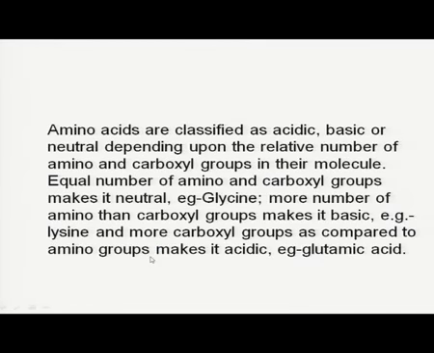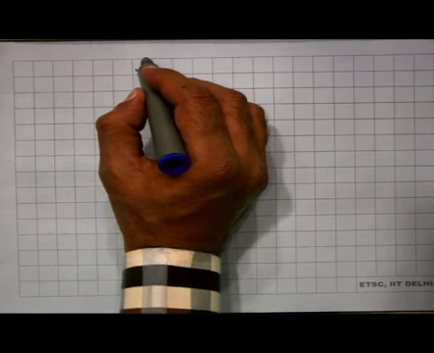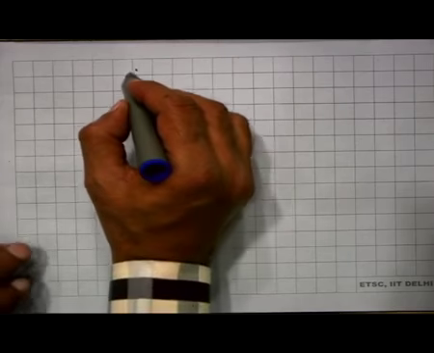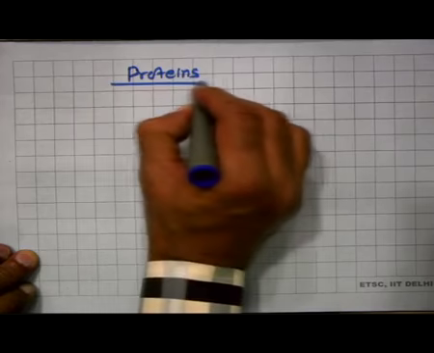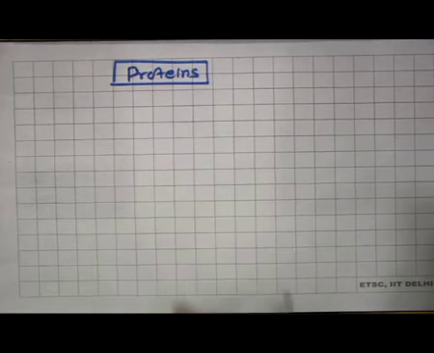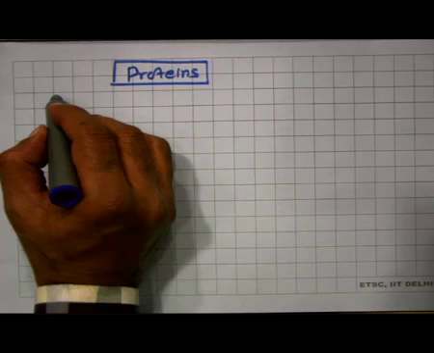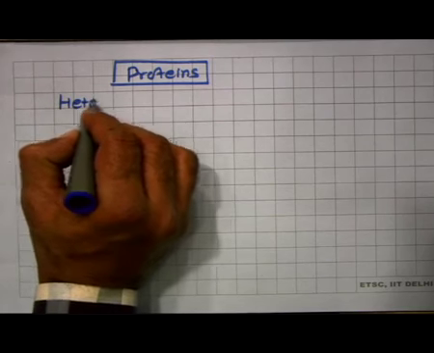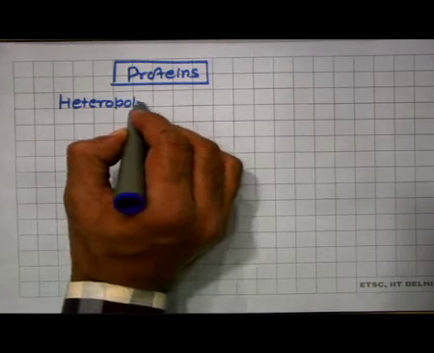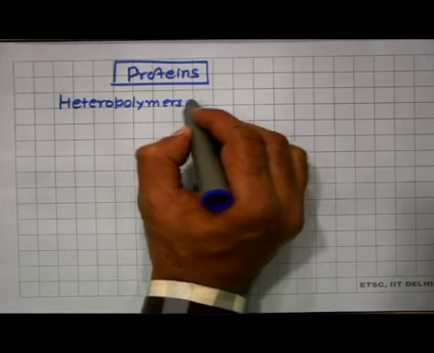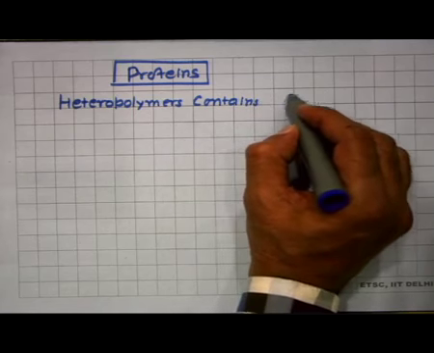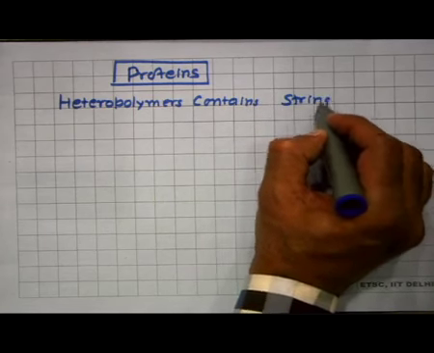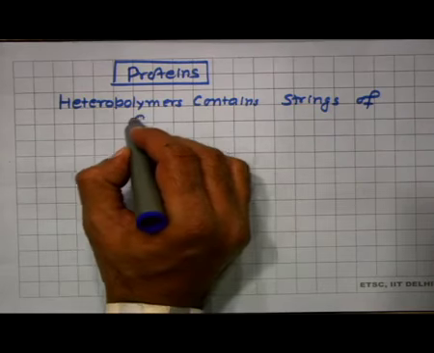Now, there are different types of proteins. When amino acids are synthesized, they constitute proteins. Proteins are heteropolymers containing a string of amino acids.